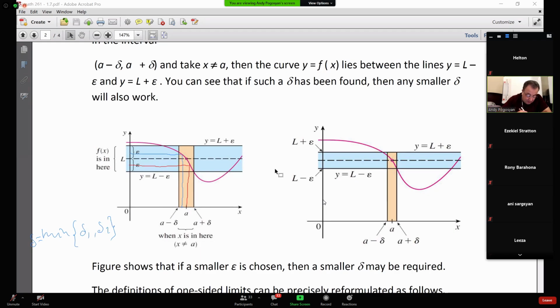Now, if epsilon becomes smaller, then delta also becomes smaller. So for every epsilon, we can find delta such that if x is chosen from the interval a minus delta, a plus delta, then f of x would be in the interval L minus epsilon, L plus epsilon.